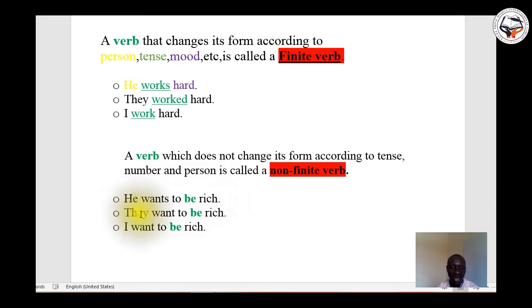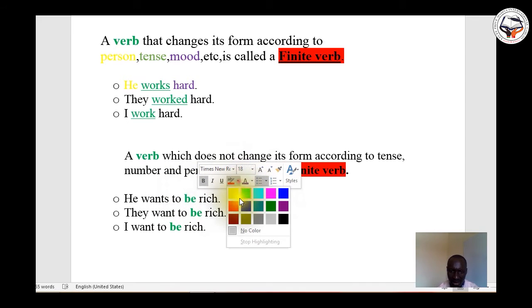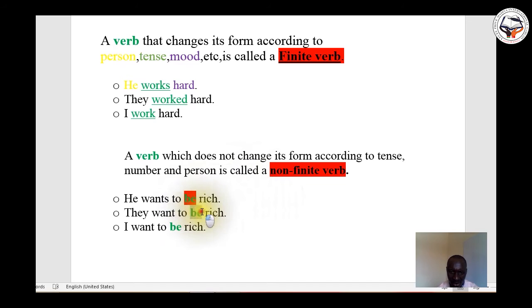They want to be rich. I want to be rich. Dealing with non-finite, to be. Here also we have be, and here also we have be.